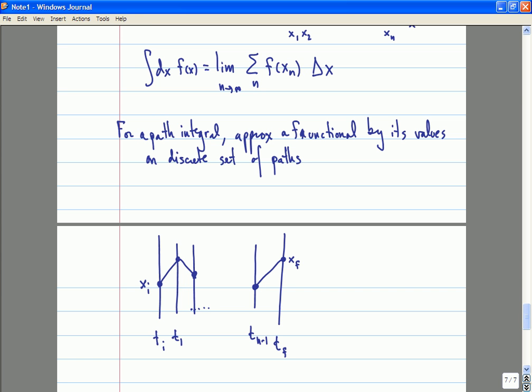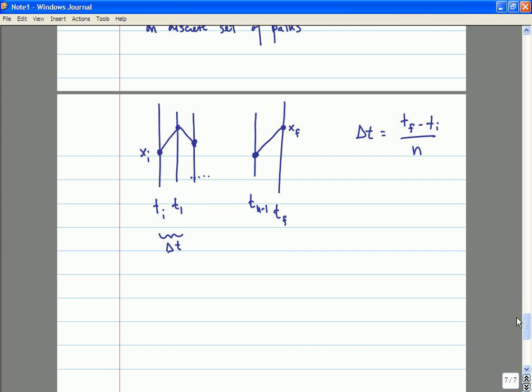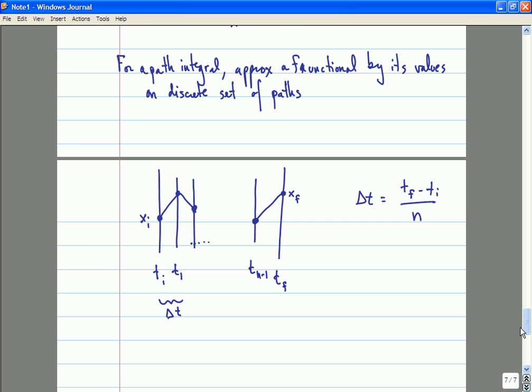And then the time separation, delta t, is given by t final minus t initial over the total number of segments. At the end of the day, we will take the limit where delta t goes to 0, i.e. where n, the number of segments, goes to infinity. In order to make my notation a little more concise, I'll call x initial x0 and x final xn.